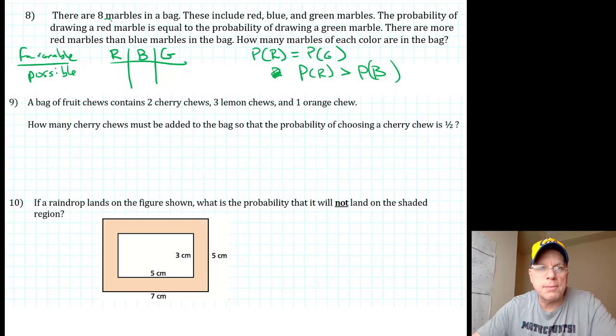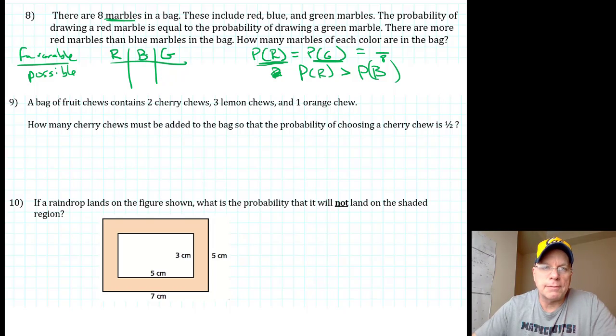So if there's 8 marbles in the bag, the denominator is 8. In order for the probability of drawing a red marble to be equal to the probability of drawing a green marble, there must be the same number of favorable outcomes for red and green. It's just another way of saying there are an equal number of red and green marbles in the bag.